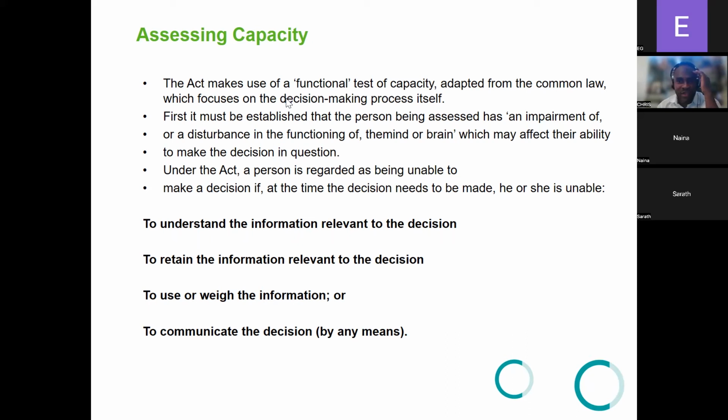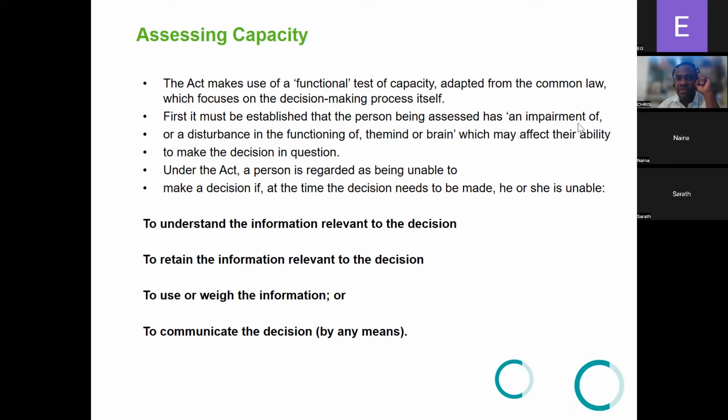So the capacity of the service user has to be tested first. It is adapted from the common law, which focuses on the decision-making process itself. So the person's capacity to make a decision or make a choice needs to be tested first. Then first, it must be established that the person being assessed has an impairment.